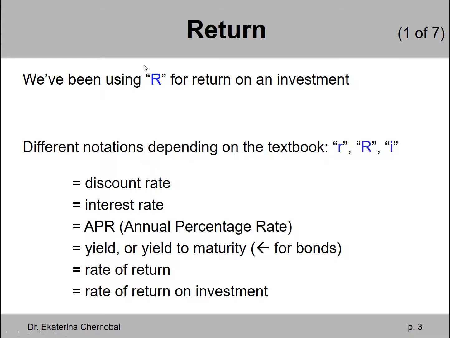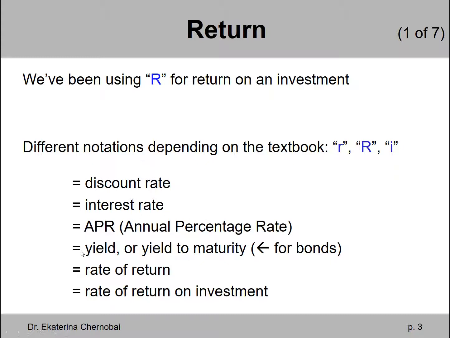So in our book, it's capital R, and we've actually been giving it a lot of different names. You may have realized that we are using different names for the same thing. Discount rate, interest rate, APR, which stands for annual percentage rate. We had this in chapter 6, where we were first looking at nominal versus effective annual rate.